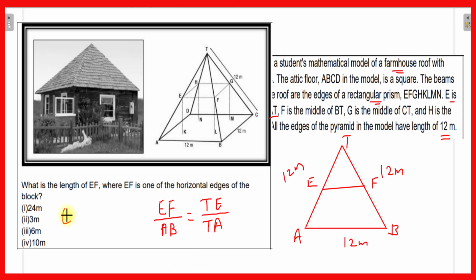So EF upon 12 is equal to TE, which is the midpoint of the total 12, so that will be 6 upon 12. So 6 1s are 6, 6 2s are 12, and therefore EF is equal to 6 meter. This way we can solve this question very easily, and therefore the correct option will be C, that is 6 meter.